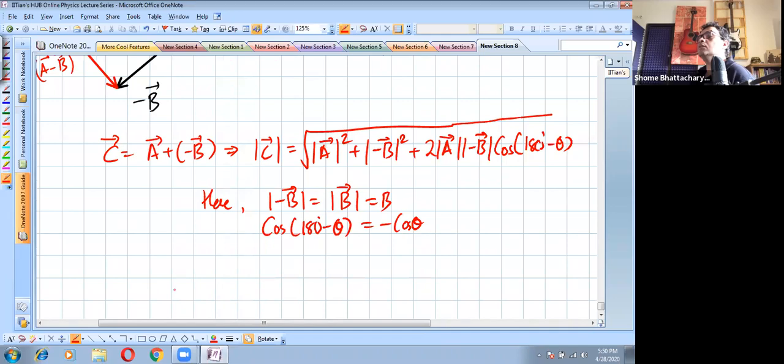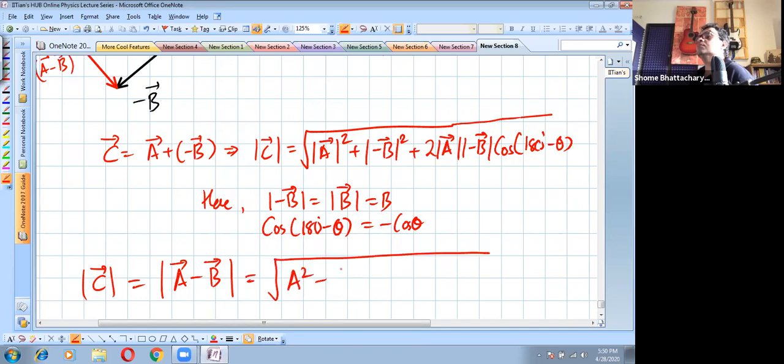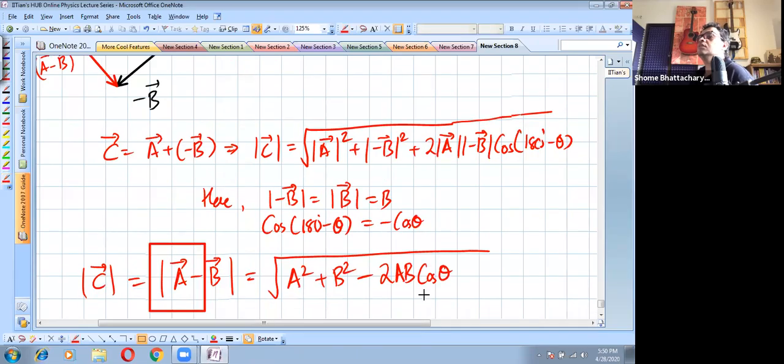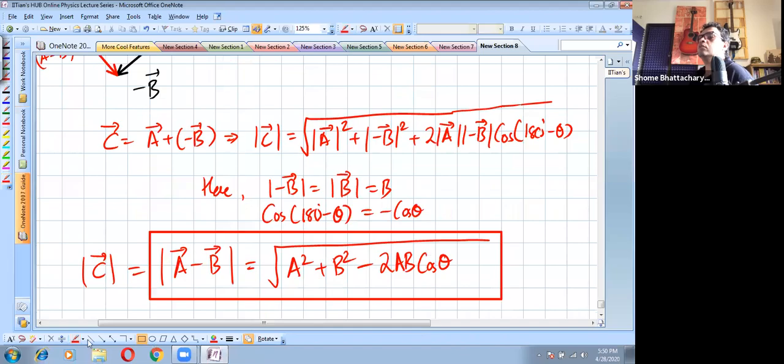So just like we had a triangle law formula for the sum of 2 vectors, now we have a second part of the triangle law formula, which is for the difference of 2 vectors, and it is given by square root of A square plus B square minus 2AB cos of theta. So this is the second part of triangle law.